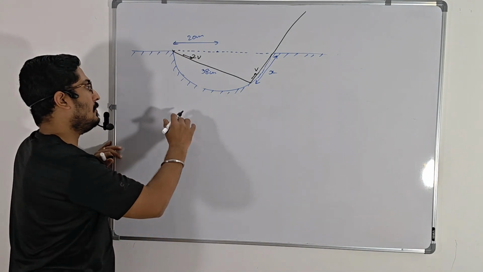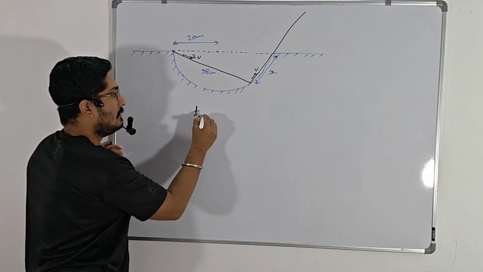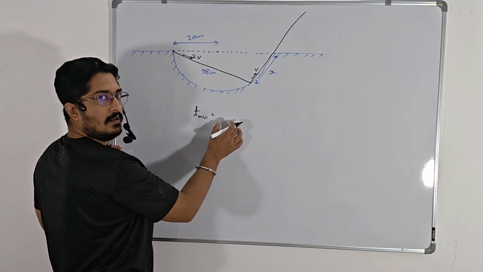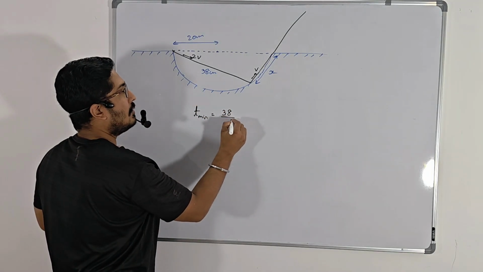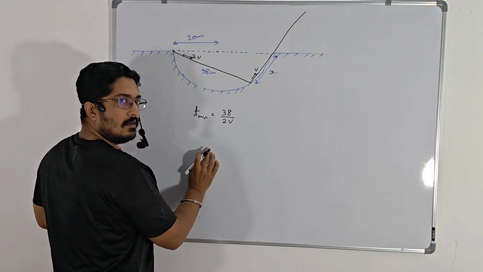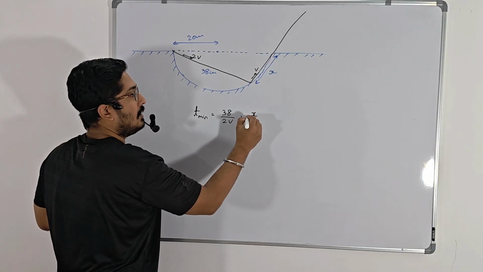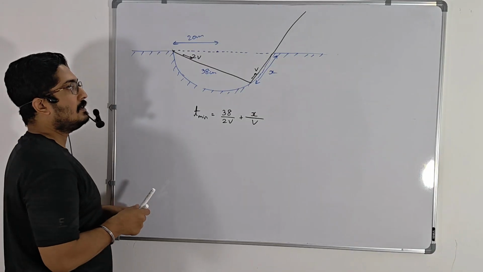So with that I can now find the time, and whatever time I find will definitely be the minimum, and that will be distance by velocity. That's the formula. So the distance would be 38 centimeters here, traveling with velocity 2v. And on the other side, it is x distance, which I am not aware of, divided by the velocity v. But can I not write something for this x?